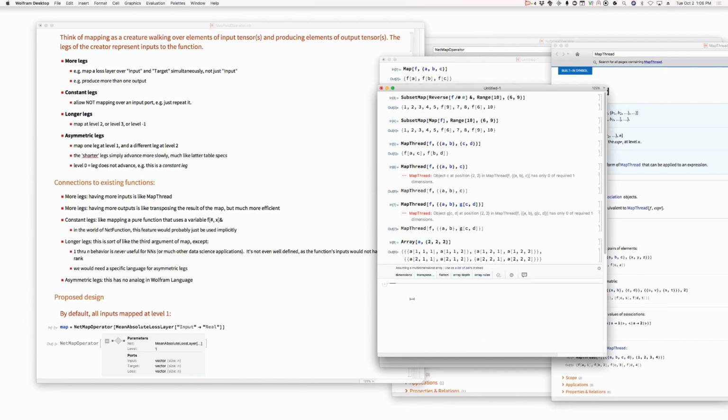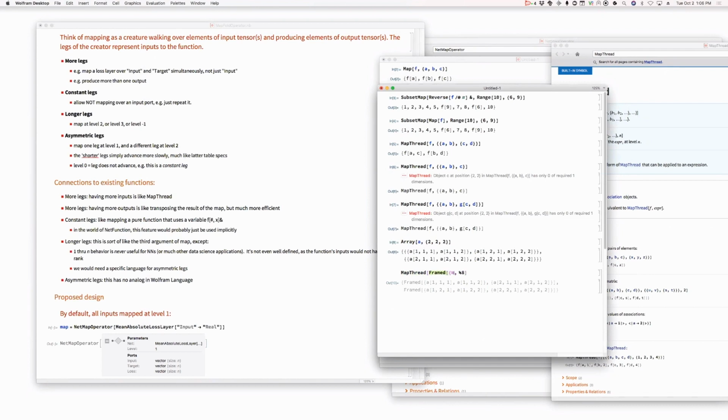Now if I do a map thread of that onto that of that, so that's the first level map thread, right? Actually, let's do this to make it clearer what's going on. What am I doing? What did I do wrong here? Oh, because it's multi-argument.